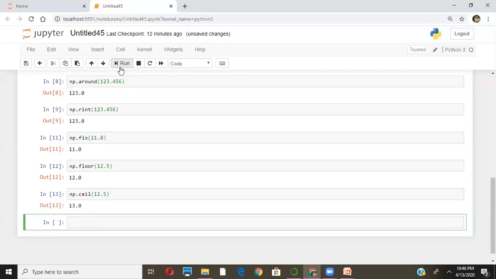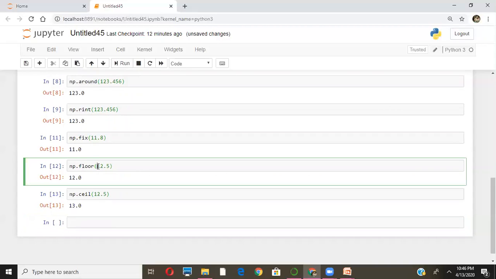Done. So the next thing we have to do is the same thing with negative values as well. So here we can say minus 12.5. In this case also, minus 12.5 is lying between minus 13 and minus 12. So minus 13 will be considered as the floor, and minus 12 will be considered as the ceil part or the higher value.